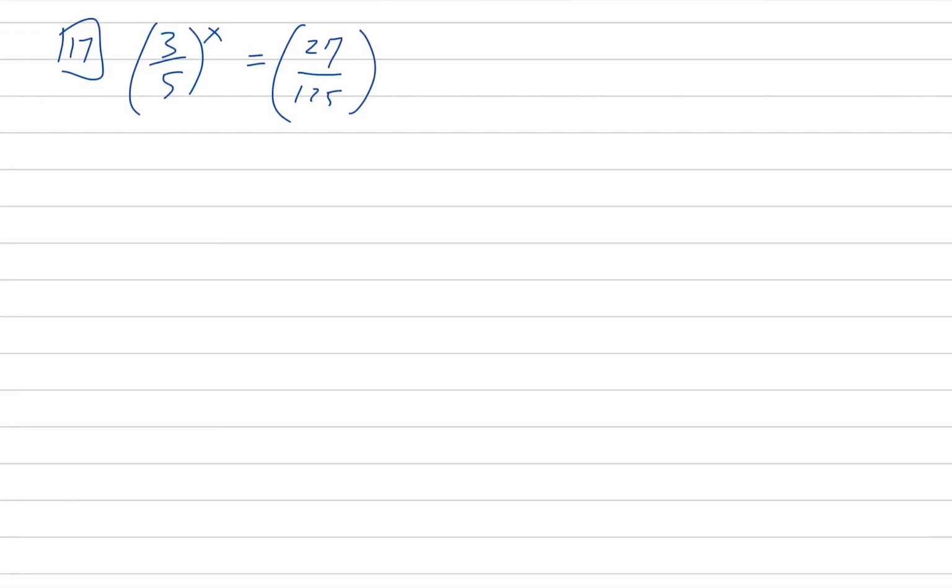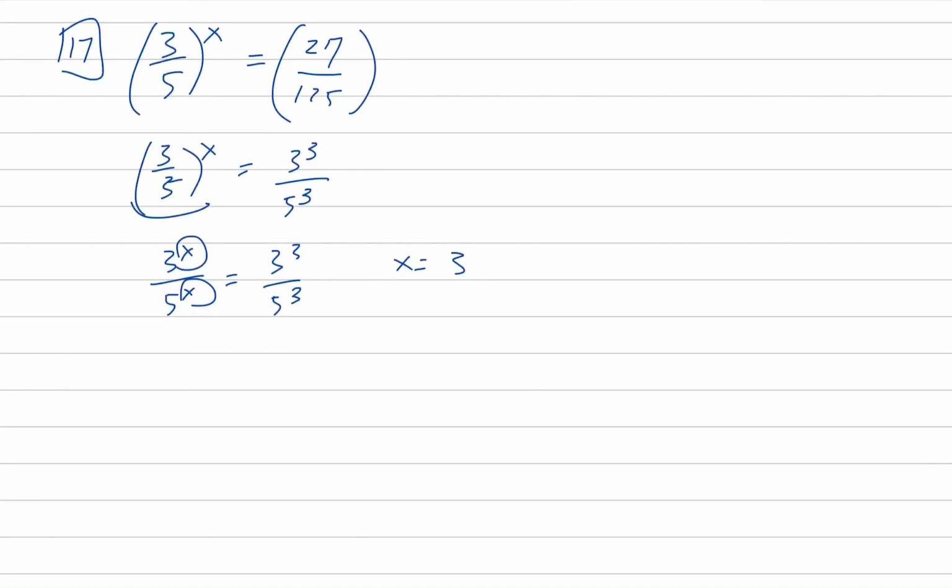When we have an exponential equation, we want to try to have the same base. So 27 is the same as 3 to the third power. 125 is the same as 5 to the third power. And this part we can rewrite as 3 to the x power over 5 to the x power equals 3 to the third over 5 to the third. So here we can see that x has to equal 3. Right? So the solution set is 3.